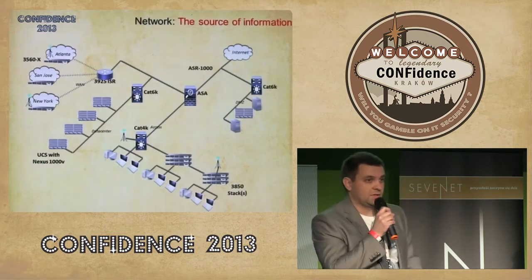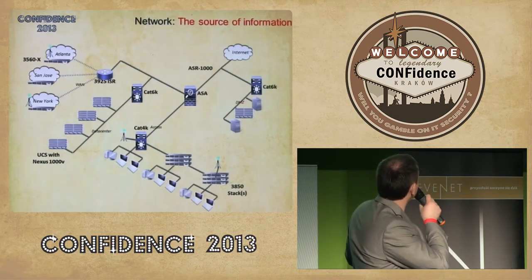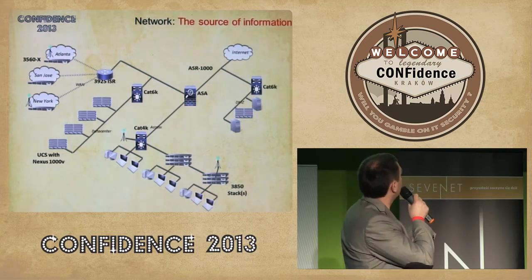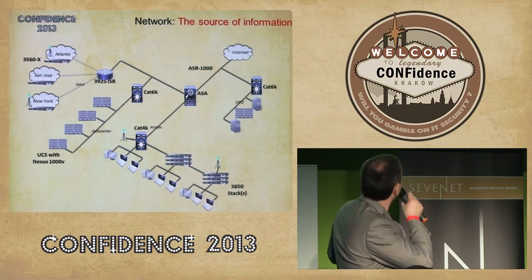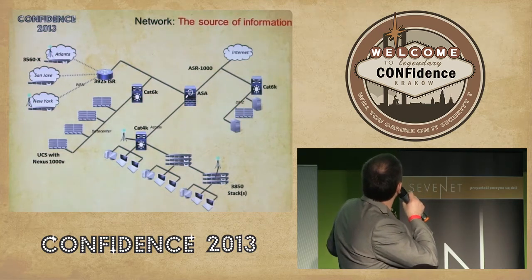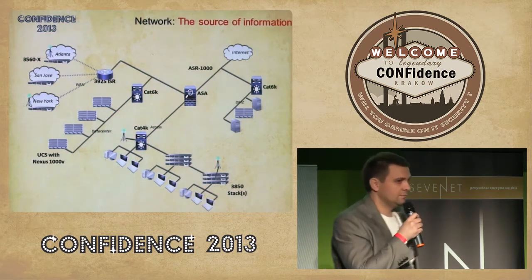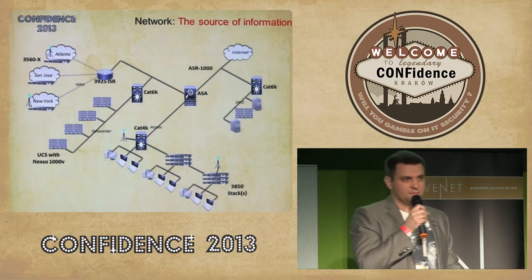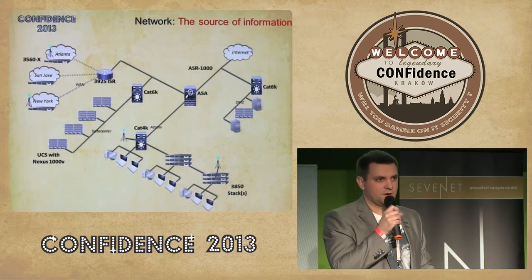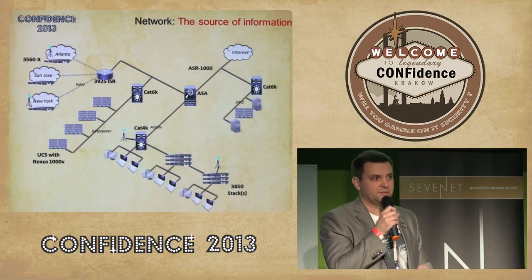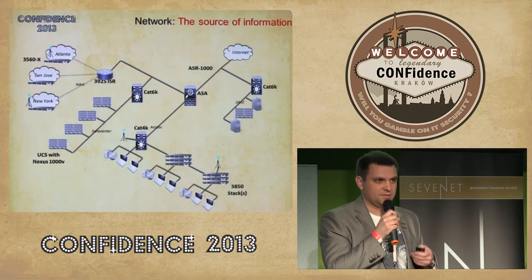So let's say we have a network. Of course, there are many devices here. You have some Catalyst switches, some servers, some firewalls, some routers. Those devices don't know that they are transmitting the attack, but they transmit all the traffic.